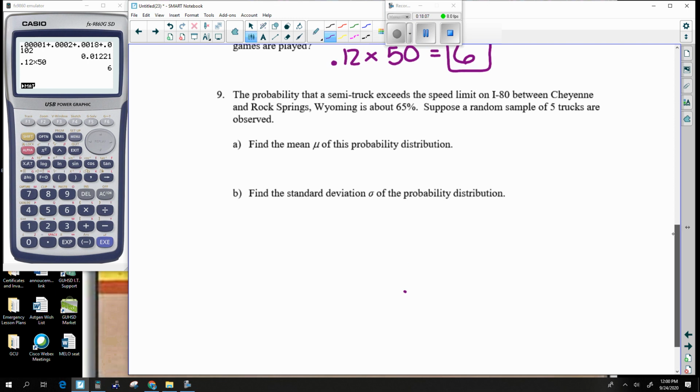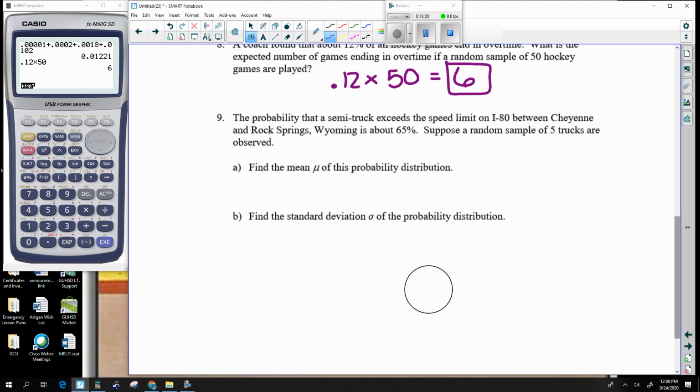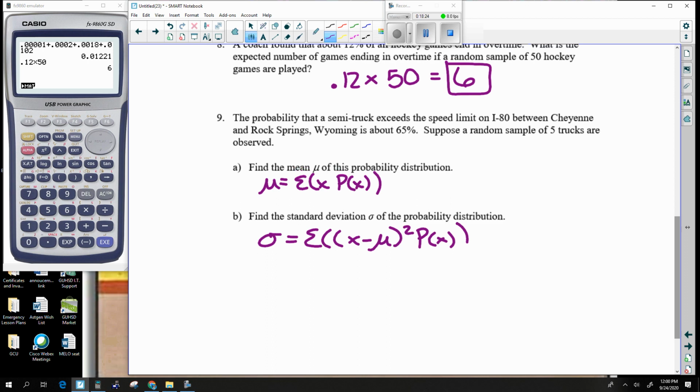All right, and then last but not least, we have the mu, which is going to be the sum of x times p(x), and the sigma, which is the sum of x minus mu, whole squared, times p(x). All right, so what do we need to get out of this? So this is what we're kind of considering. Here, n is 5 truck drivers.